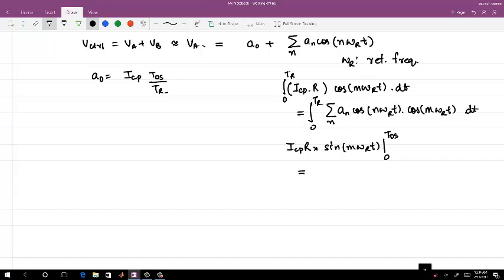Now n should equal m in order to find the Fourier series. So what you have is an by 2 times, I think you all remember, 1 minus cosine of 2 m omega r t dt from 0 to tr.